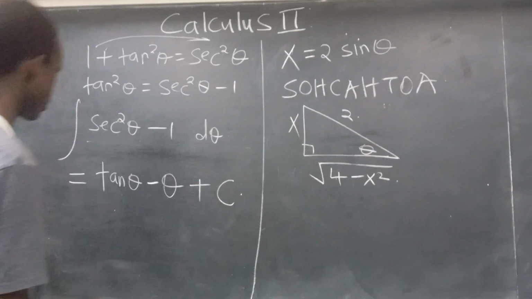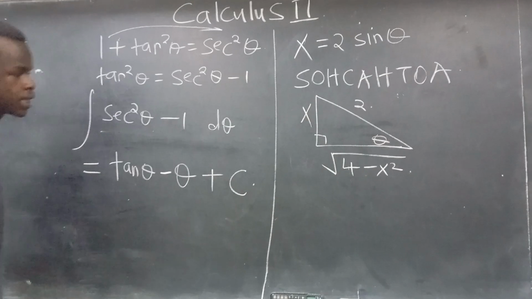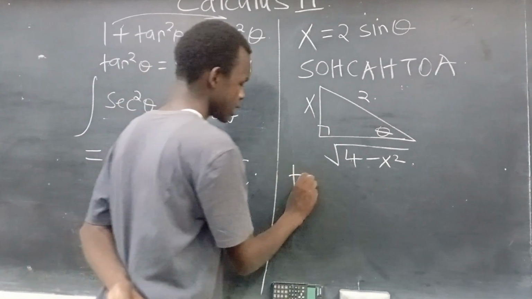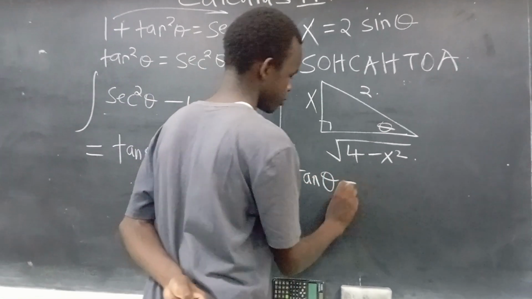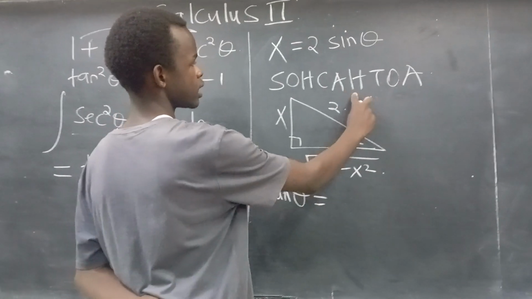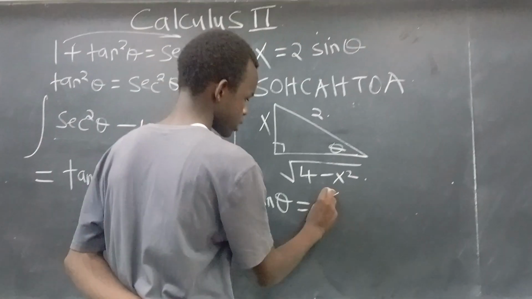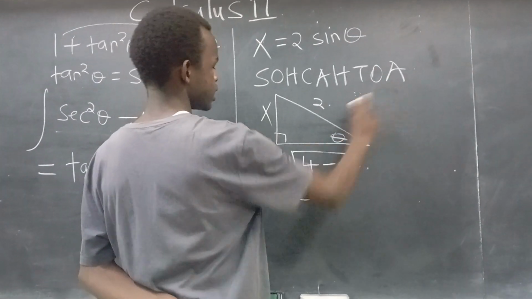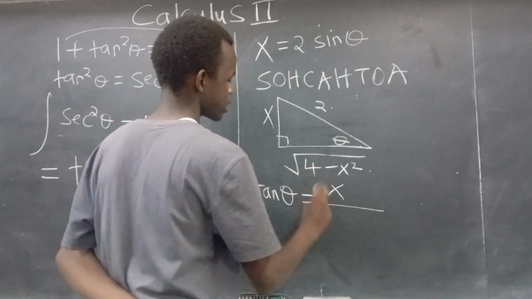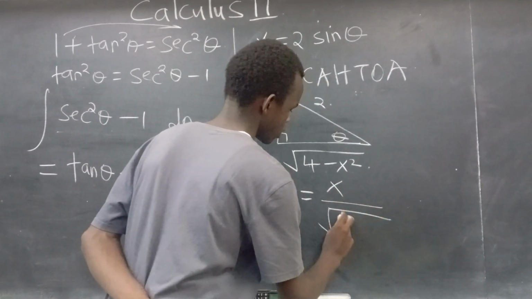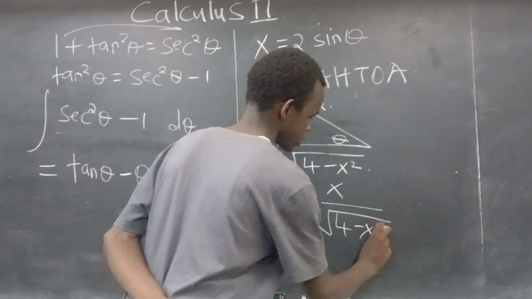But let's now find our tangent theta. So our tan theta from there, as you can see, is opposite x, divided by adjacent. What's my adjacent here? The square root of 4 minus x squared, right?